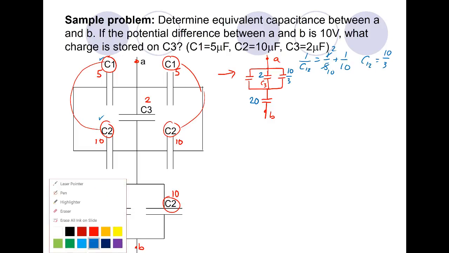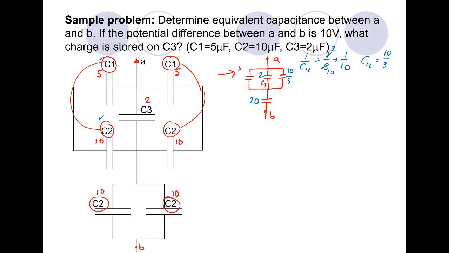So I'm going to put capacitance in red. So 10/3. This is going to be 10/3. And then this is going to be 10/3. Okay, and that'll be 20 and that'll be 2. Okay, so that is kind of our intermediate circuit.